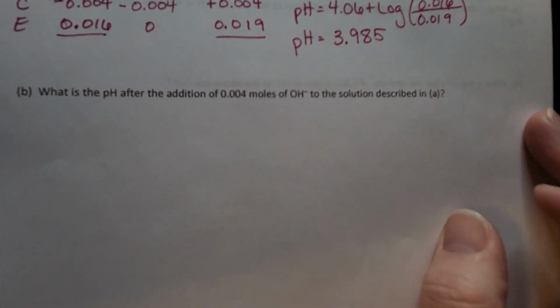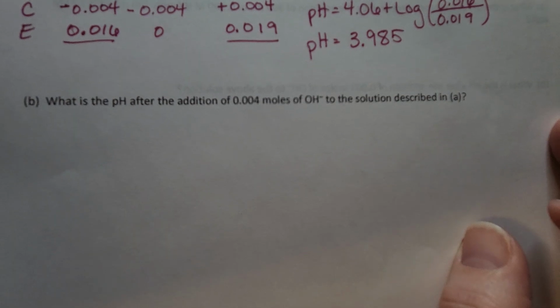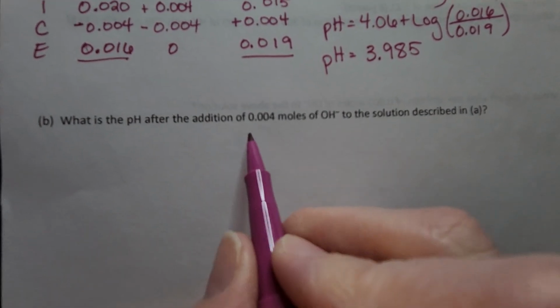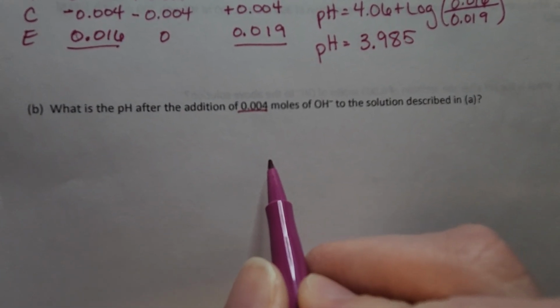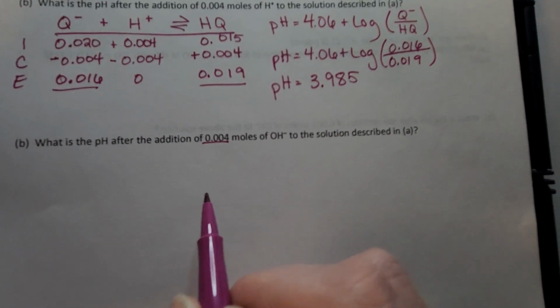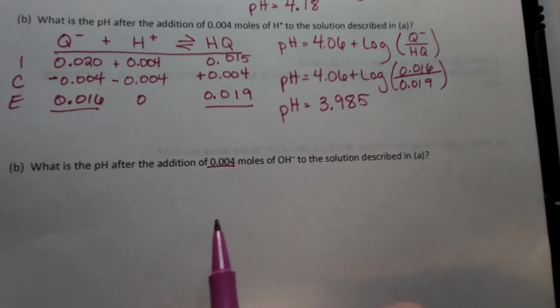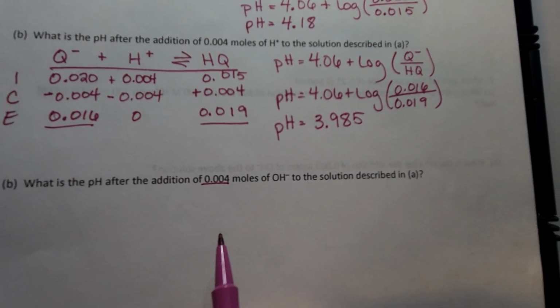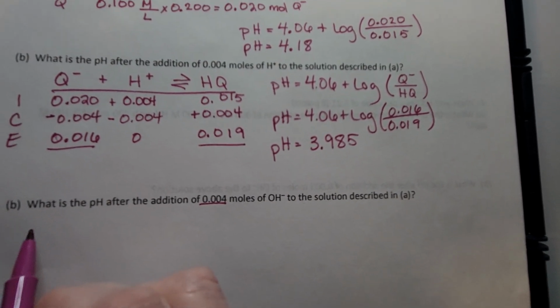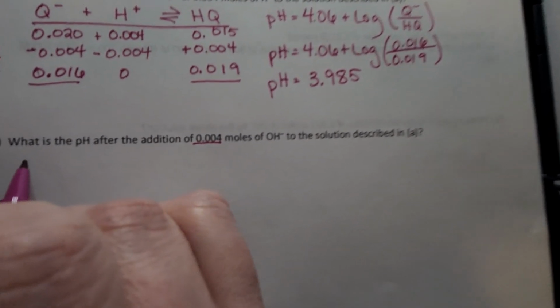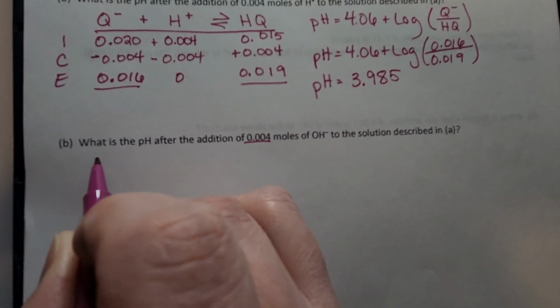And then we're going to take a look at the third part. So what is the pH after the addition of 0.004 moles of hydroxide into the solution? So on this one, since we are adding hydroxide, what we're going to do is start with our acid over here. Let me get to where you can see.